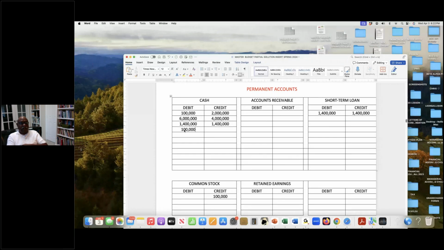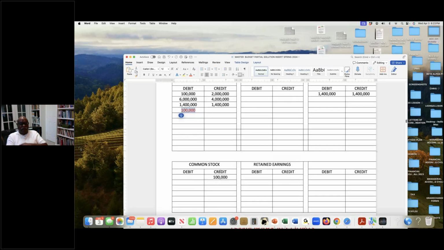Hopefully 100,000. There's nothing in receivables, nothing in the short-term loan. That's zeroed out. Common stock has 100. We don't have any retained earnings yet.